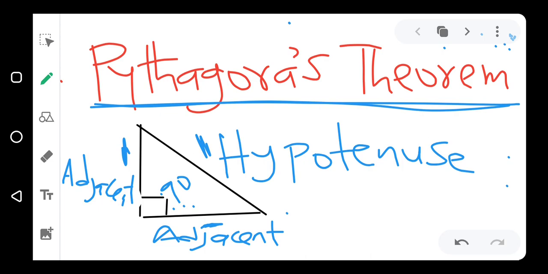Now the Pythagoras theorem tells us that this longest side, which is the hypotenuse, the square of it is equal to the sum of the squares of the other sides of the triangle.